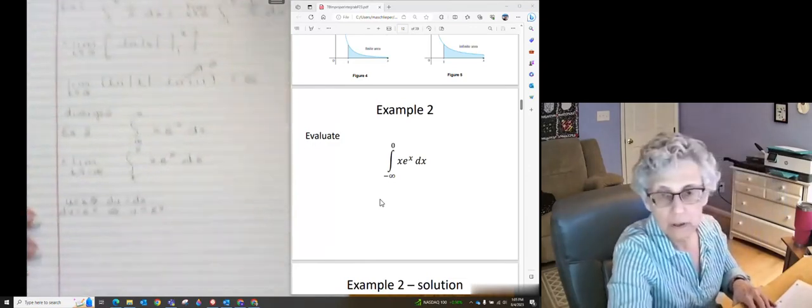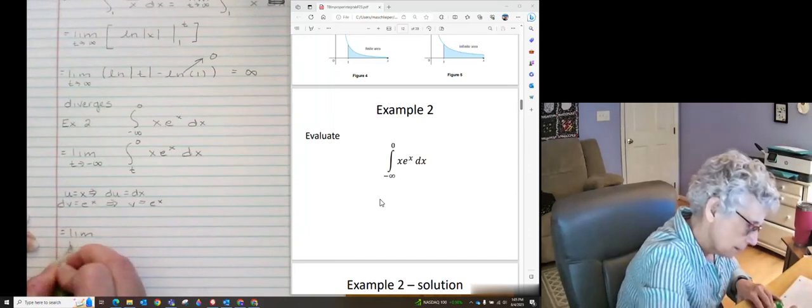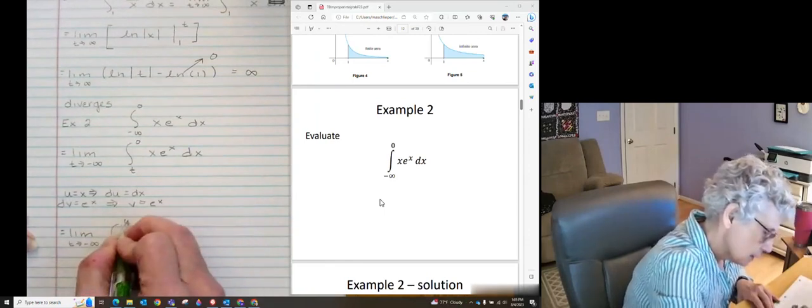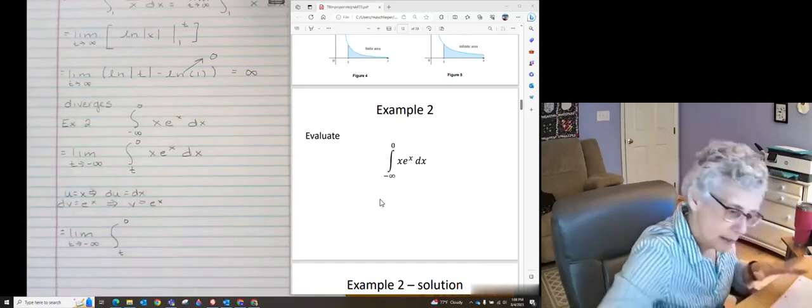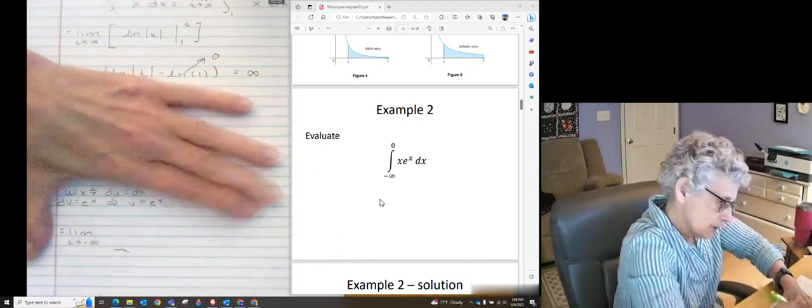So I'm going to go ahead and move down here, give myself plenty of room. Limit as t approaches negative infinity, integral from t to 0. Actually, I need to do my u times v first.